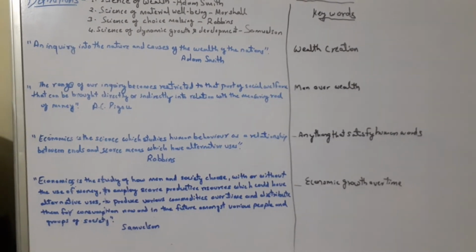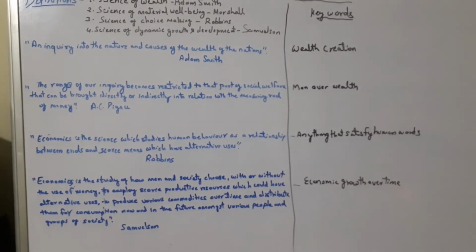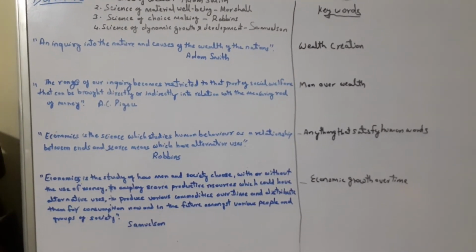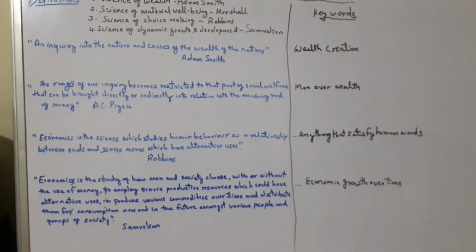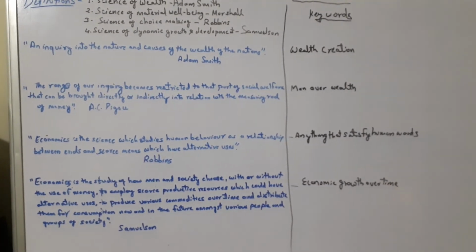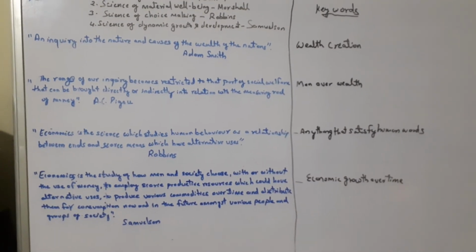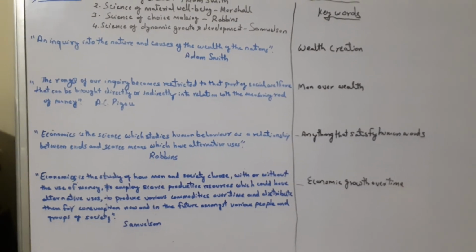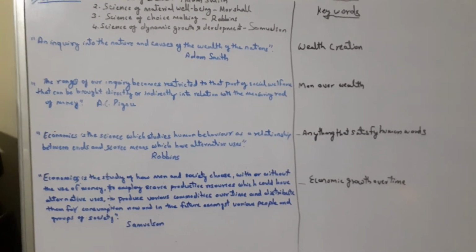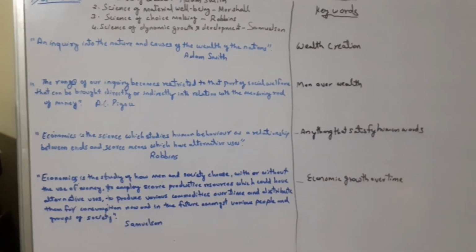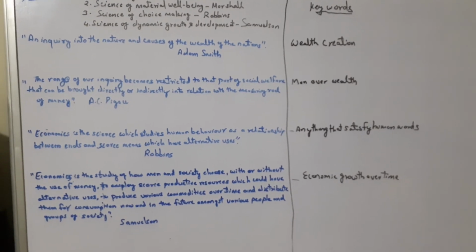So it is considered a more appropriate definition. The reason is that economics is basically the study of how to maximize human satisfaction with limited resources. This is what is actually studied in economics.